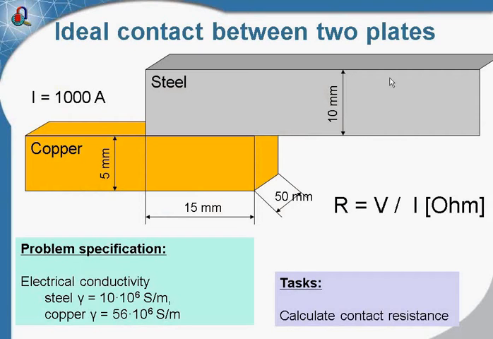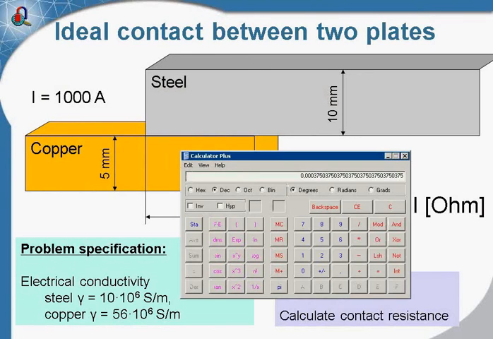And the cross-section area of the steel bus bar is 50 by 10, 500 millimeters square. So the current density will be 1000 amperes divided by the 50 by the 10, 2 amperes per millimeter square.